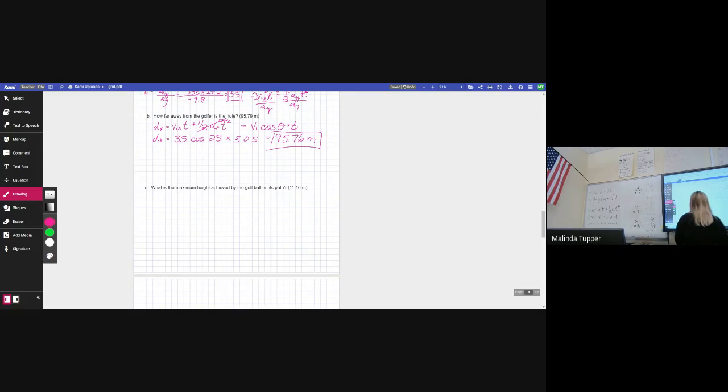And then if I'm trying to find the maximum height, that's again vertical. Since we can't see it, I'm going to write down my values again. viy is vi sine theta, which is 35 times sine 25 in our case. ay is negative 9.8 meters per second squared.